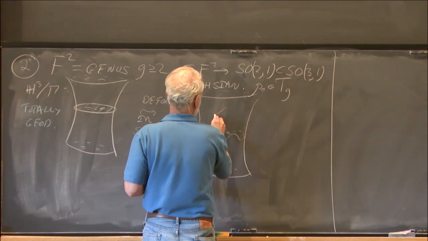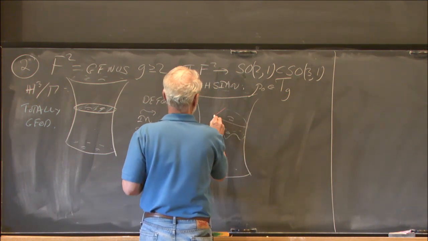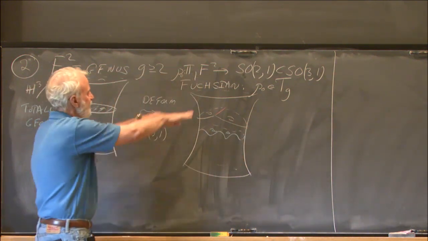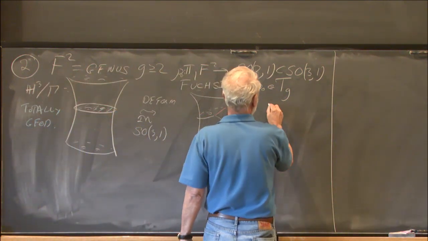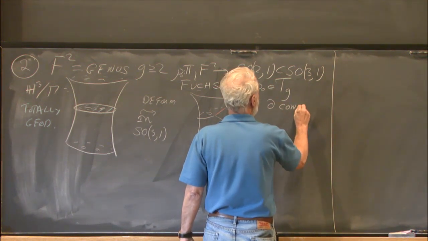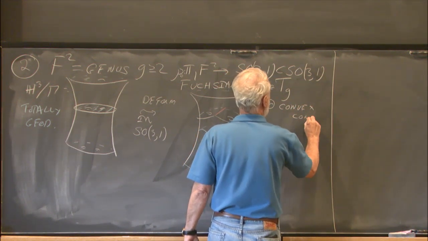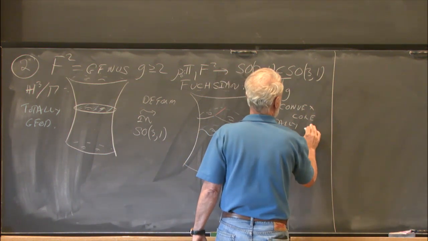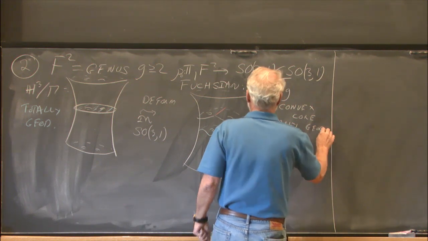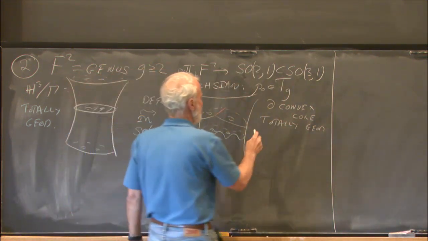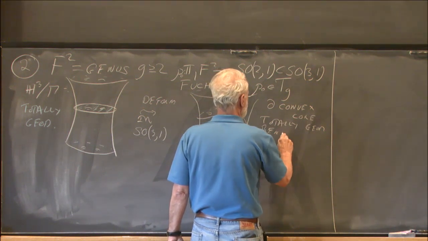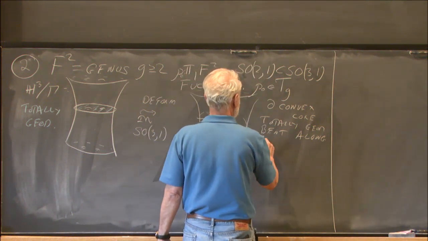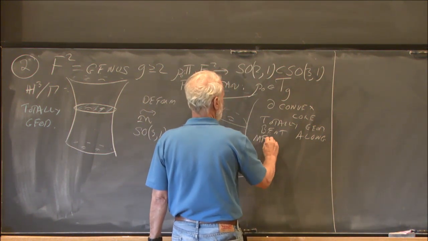So it has the following structure. Never really learned how to draw this properly. The boundary of the convex core is a totally geodesic surface, but as I've tried to draw here, bent along a geodesic lamination, a measured geodesic lamination.